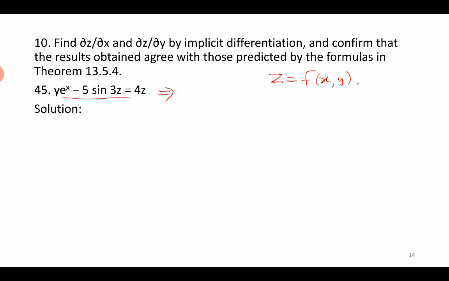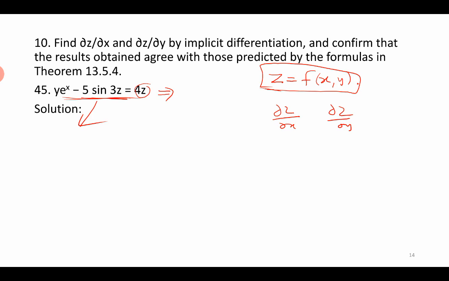Okay, that's implicit. So this is the explicit expression. It's implicitly given here in this equation. So we have to differentiate with respect to x or with respect to y partially. Whenever we differentiate z with respect to x or y, you should write ∂z/∂x or ∂z/∂y.